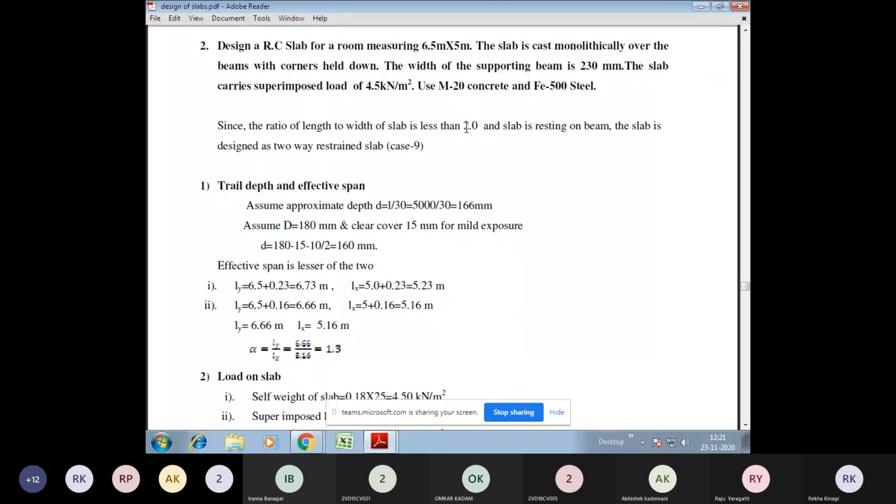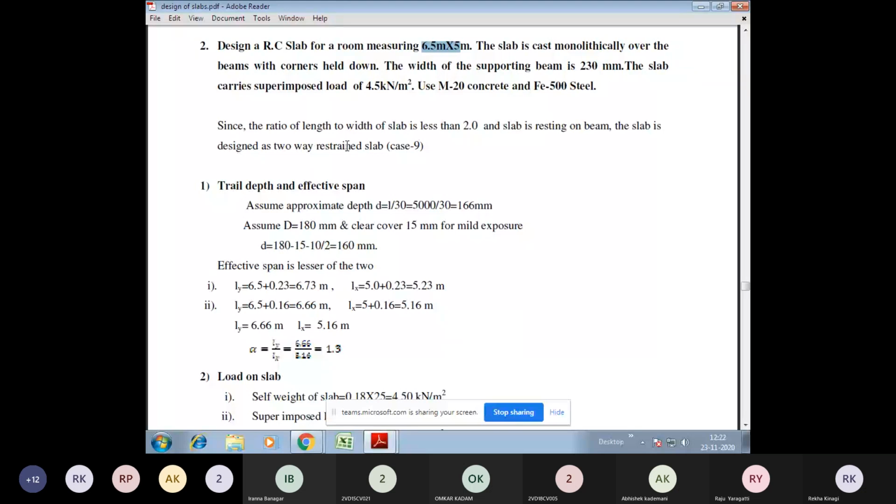It comes out to be less than 2. Since it is less than 2, as per the discussions in the previous session, we conclude that it is to be designed as a two-way slab. If Ly by Lx ratio is less than or equal to 2, then we design it as a two-way slab. And here the slab is resting on the beam and is designed as a two-way restrained slab.